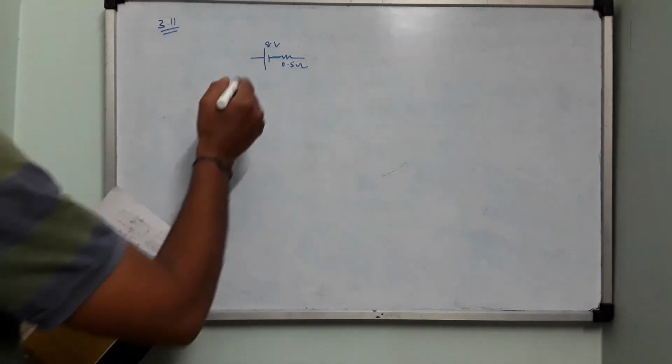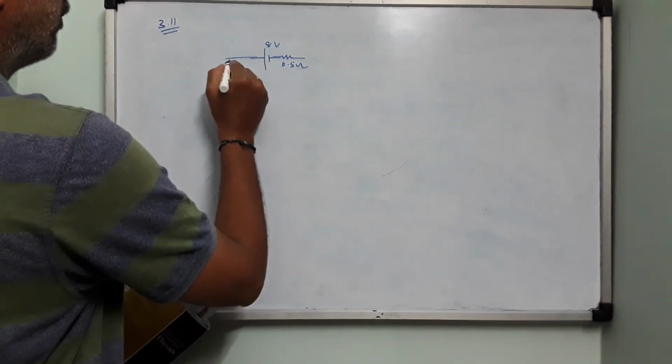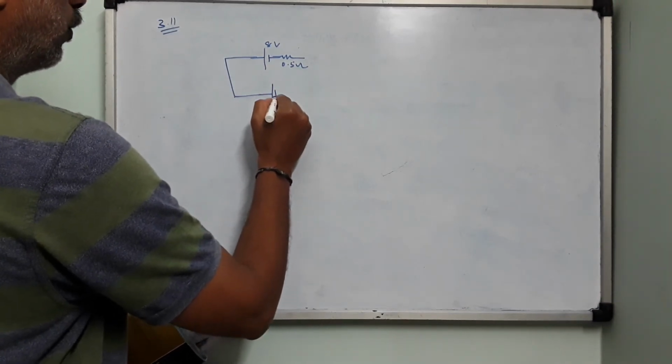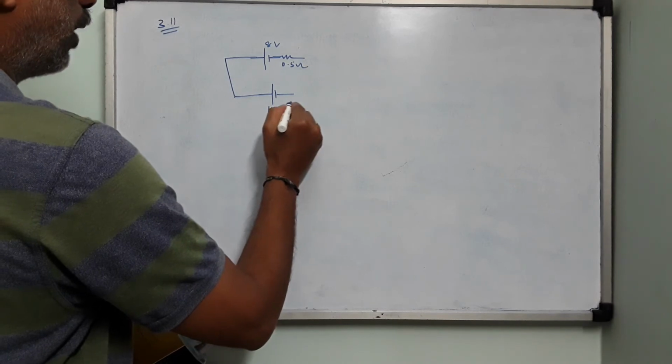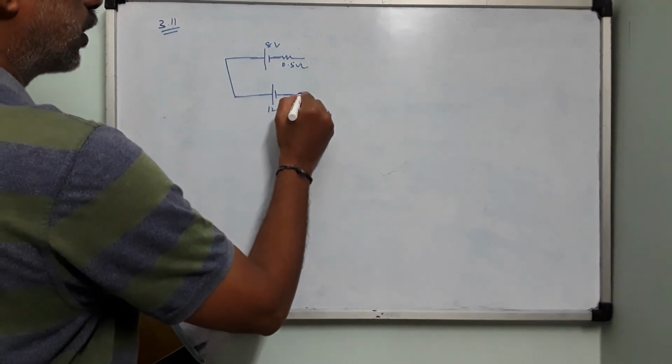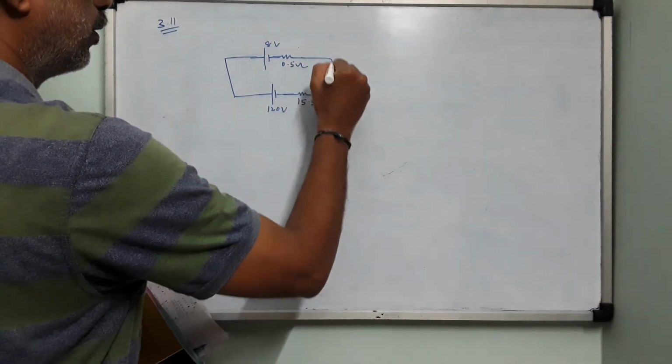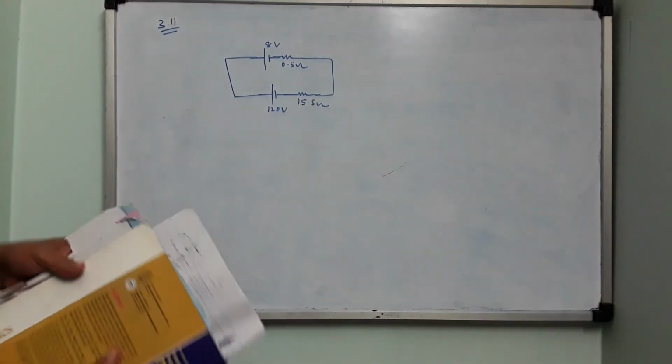That means this is being charged. This is a secondary cell. This can be charged by a 120 volt. So this is a 120 volt battery with a series resistance of 15.5 ohm. This is the circuit.